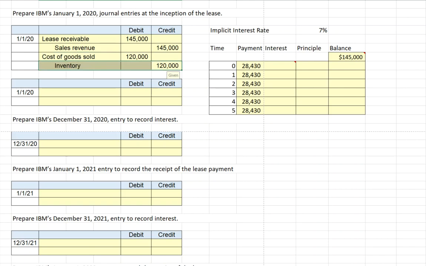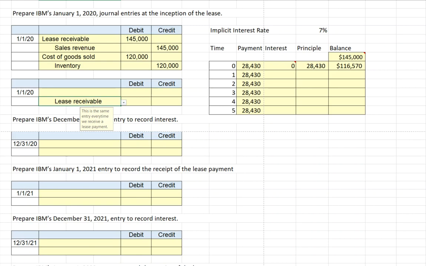On January 1, 2020, at the inception of the lease, we're also receiving the first lease payment. And we have, of course, if we're getting a payment of $28,430 and no time has yet passed, we will credit all of that to the principal on the loan. So the loan will go down to $116,570.